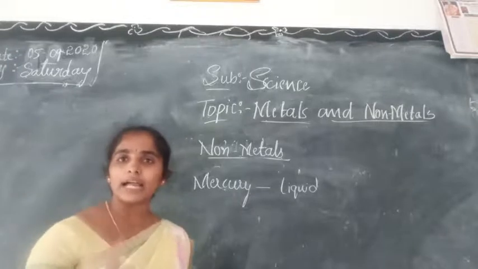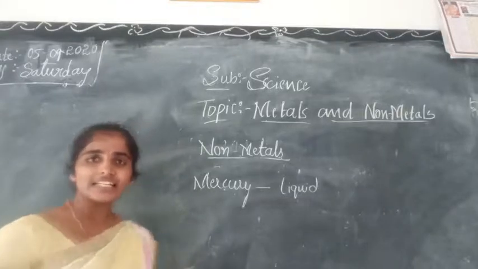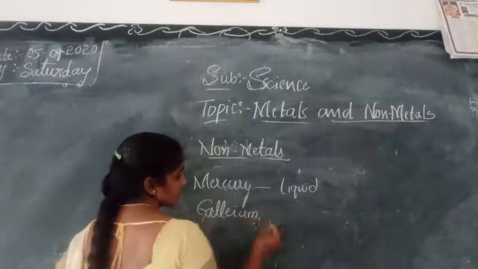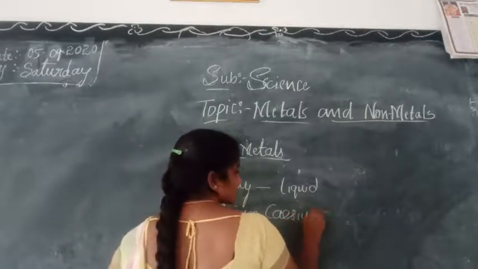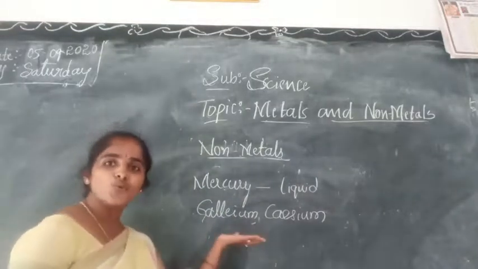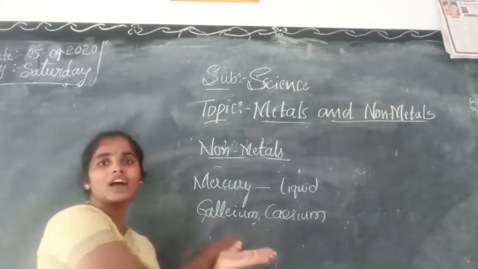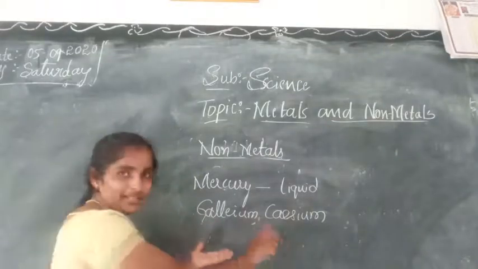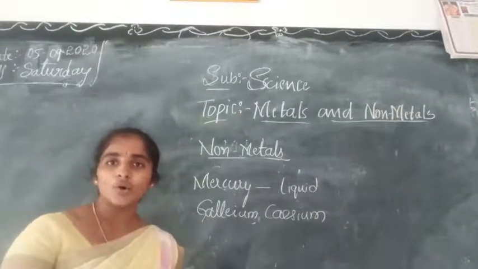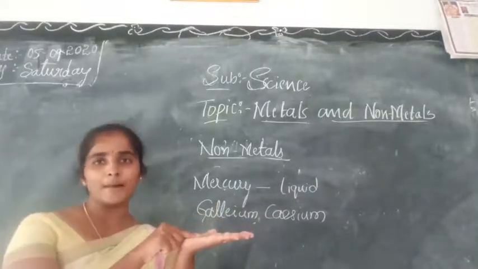But some metals, gallium and caesium, have a low melting point. These two metals melt if you keep them in your palm.